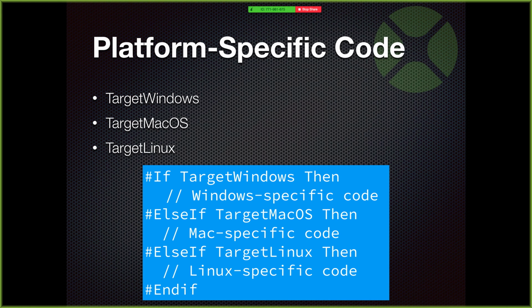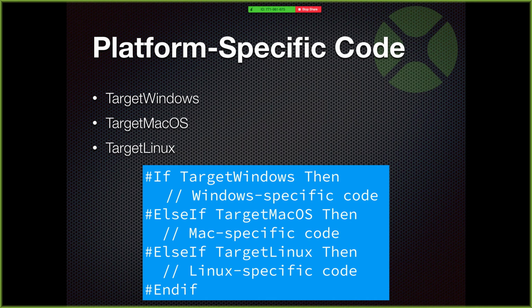So just something simple like this. You can see I'm using the pound if and the pound else if, and those are the build compilation settings. So they will actually only include the code for the specific target in the executable. So if you're building for Windows, only the code that's in the if target Windows block will actually get included in your app.